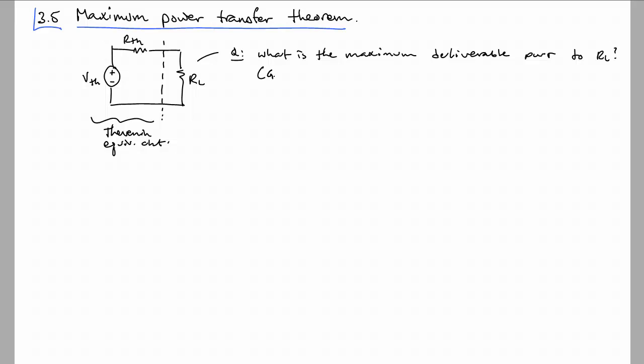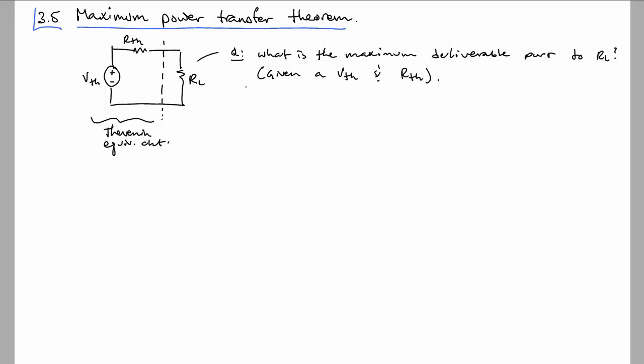That's given VTH and RTH. So in other words, you can't change VTH or RTH; those are given. Given that, what value of RL should you choose? I guess the first question is, what is the maximum power that you can extract from that Thevenin source and deliver to the load, and what is the value of the load at which that will happen?